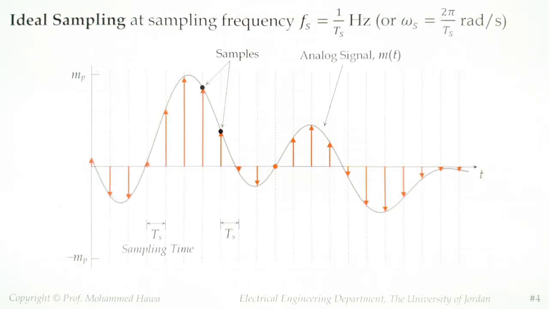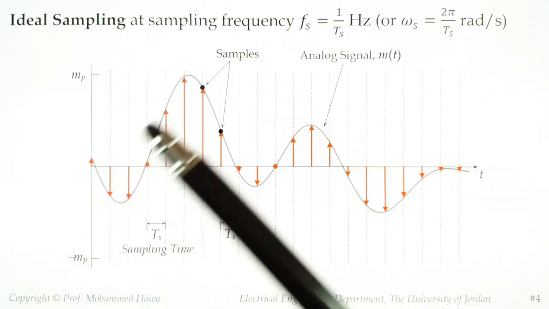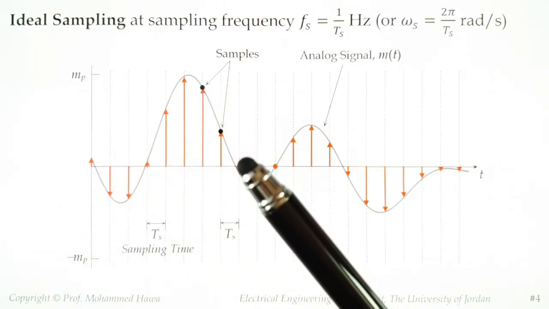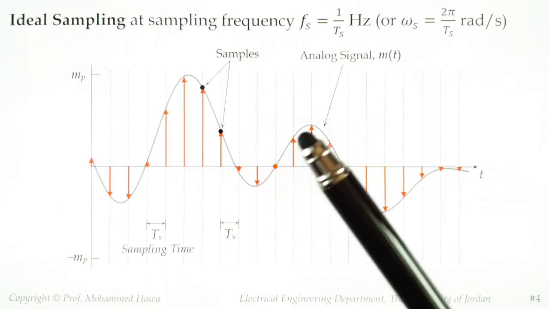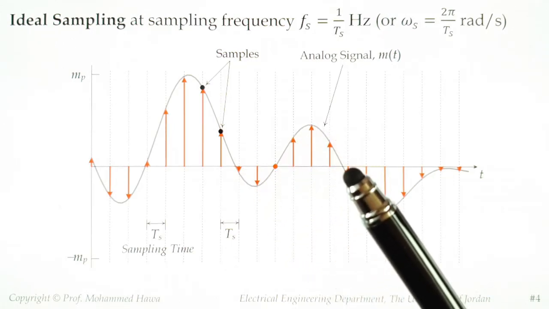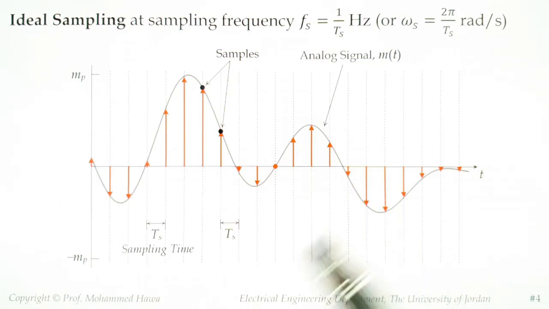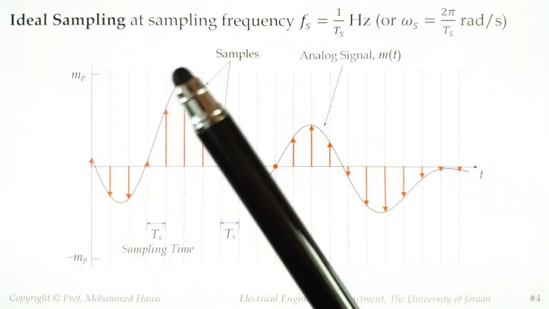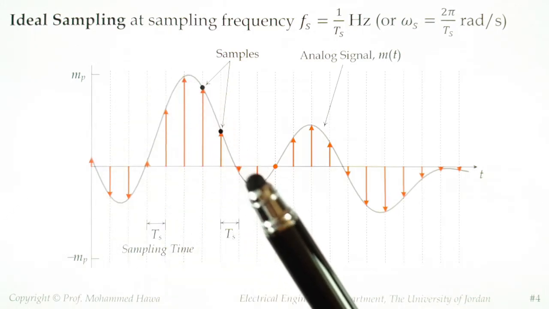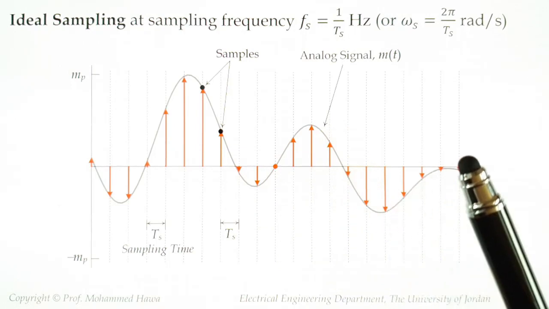That's why we say, can we represent this analog signal M of t using a smaller subset of points on that signal? Those points, which we call samples, can actually represent the signal if you pick them carefully. And this is what sampling is all about. Representing your signal using only samples of the signal rather than the continuous time curve.